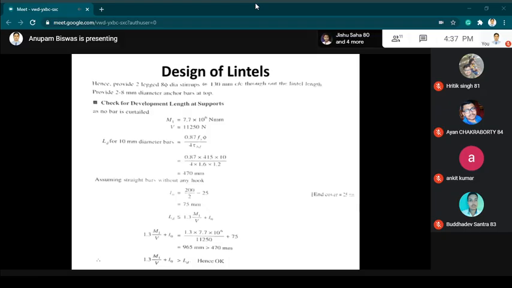Now equating this for the value Ld, that is less than or equal to 1.3 M1 by V plus the assumed value of the straight bar, we obtain the value as 965 mm, which is more than 470. So the length of 75 that is assumed without any hook, the straight bar, is okay and within the limits.